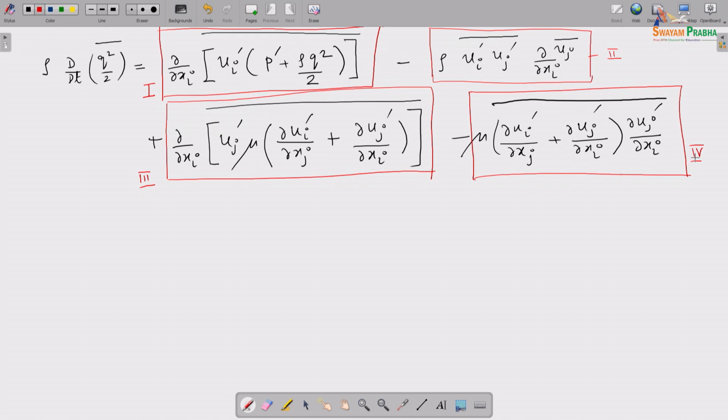And of course Q square is equal to this. So essentially this is the turbulent KE.